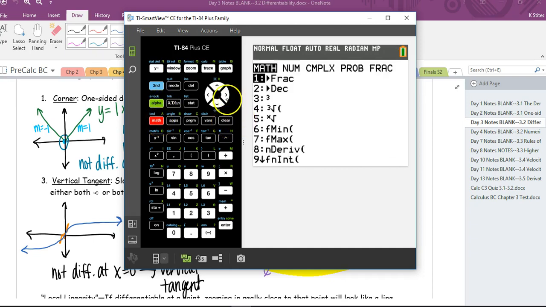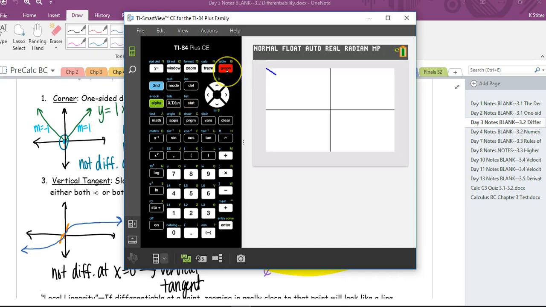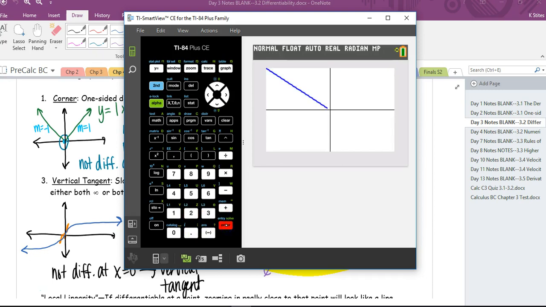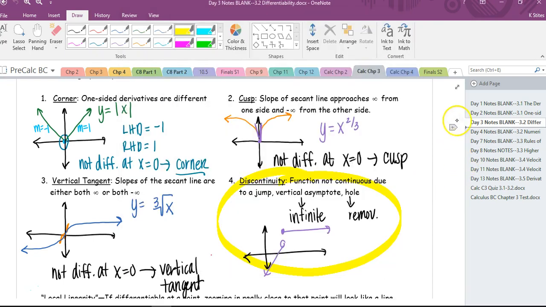If I try this with absolute value of x, I can zoom in, and you're going to notice that really nothing is happening. Okay, at that vertex, it is an immediate shift from your left-hand slope to your right-hand slope. Okay, so that's what a corner looks like, which means we cannot take the derivative at that location.